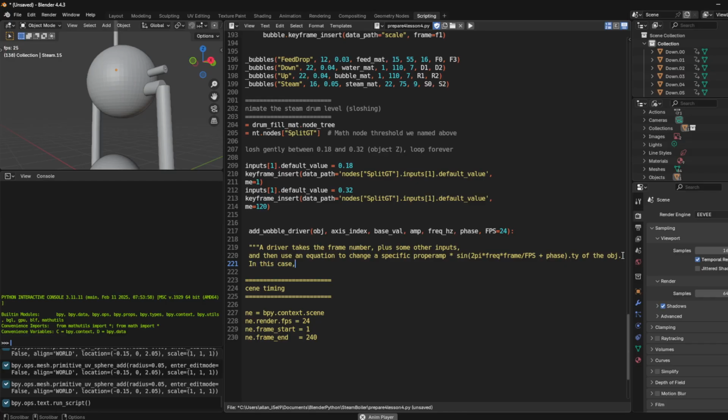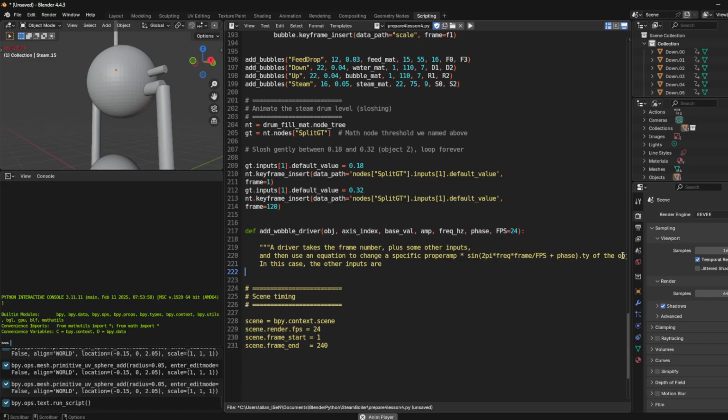In this case, the other inputs are frequency, phase, amplitude, and base. The property to be changed is location, because it wobbles, so the location changes.